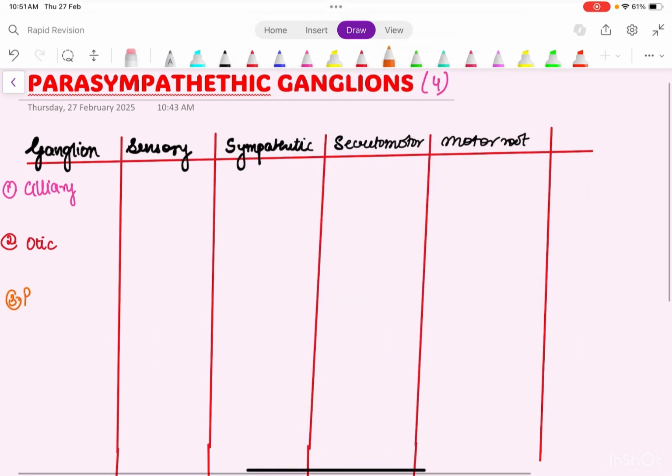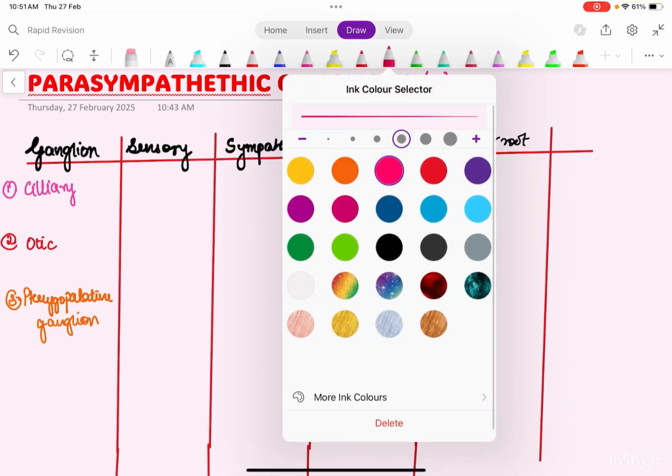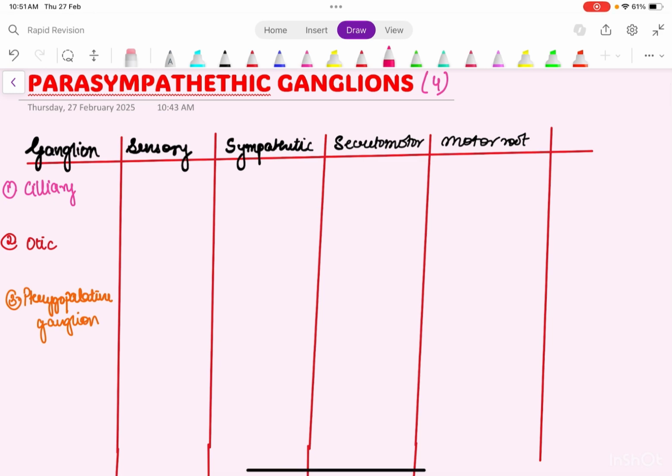Third one is our pterygopalatine ganglion, and then we have the fourth one, sorry, which is the submandibular ganglion. All right, so submandibular ganglion. So let's start from the ciliary ganglion.